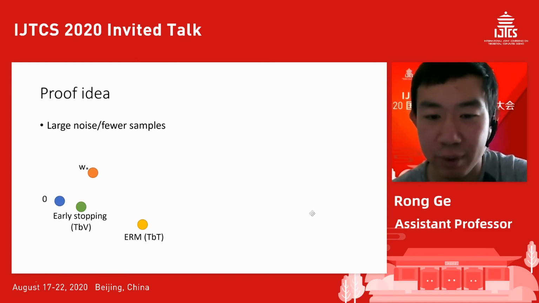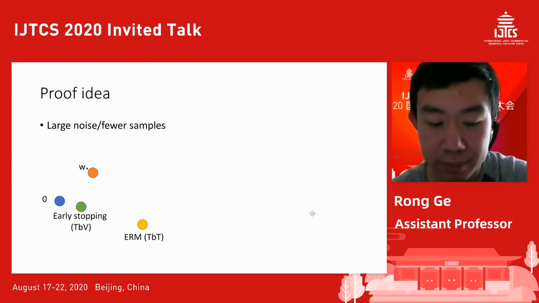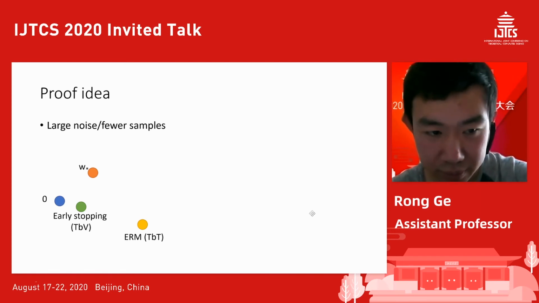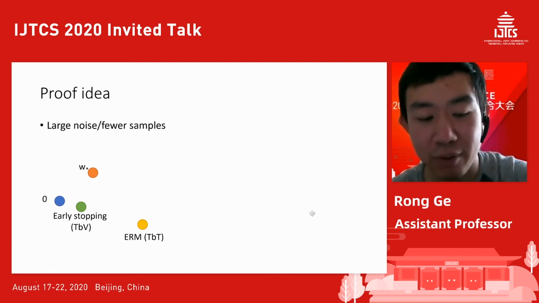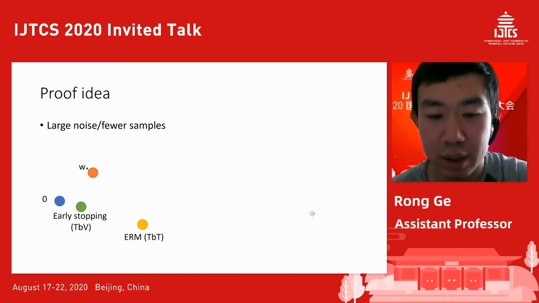And when you have fewer equations than the number of variables, in most cases you can find an exact solution. So train by train is going to find the empirical risk minimizer, which happens to be very far from W star in this case because of the noise. Because W star actually will not satisfy these equations due to the noise.